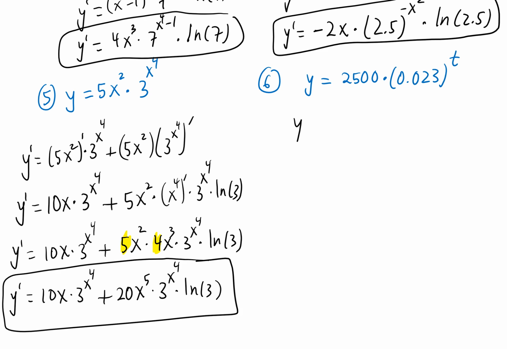For the last one, this number in the front is just a constant. Derivative is basically derivative of this, which is the derivative of the exponent times itself times natural log of the base 0.023.